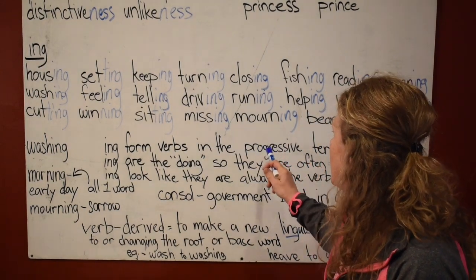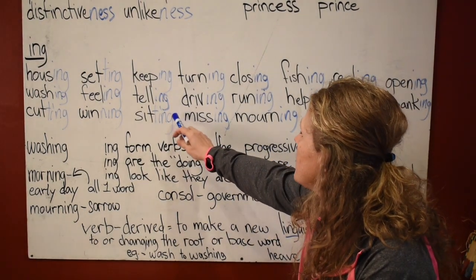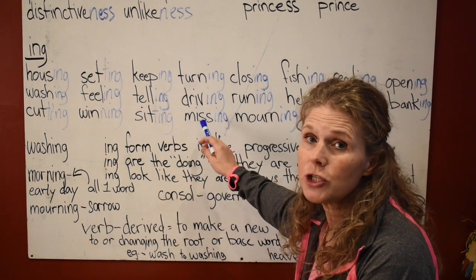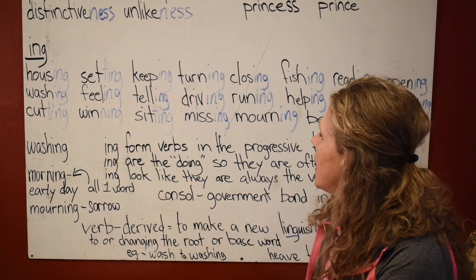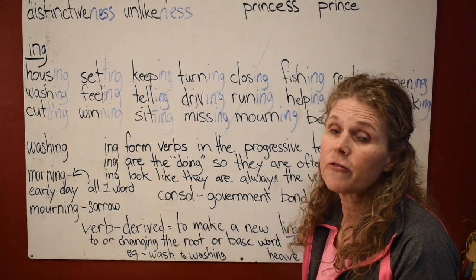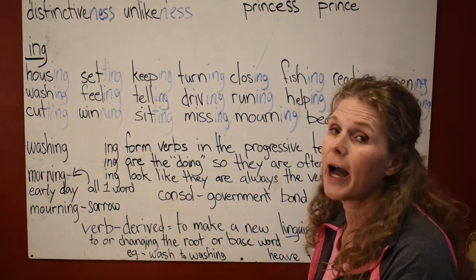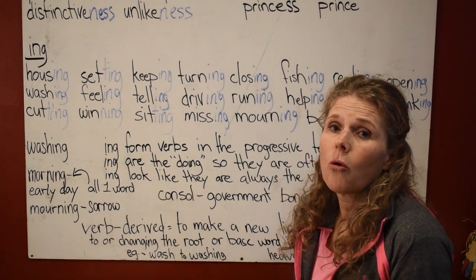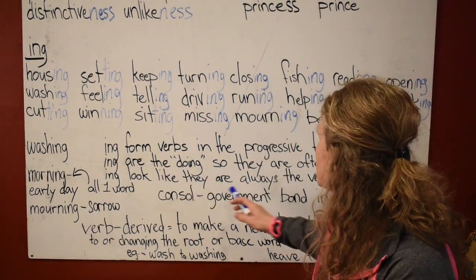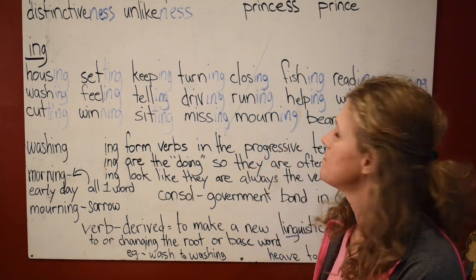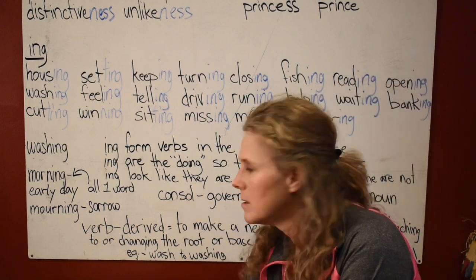So when you have a helping verb right in front of your ing, then you have your verb. That will be super helpful. If you don't have a helping verb in front, you most likely have a gerund or a participle somewhere else, but not your verb. Does that make sense, Dee?